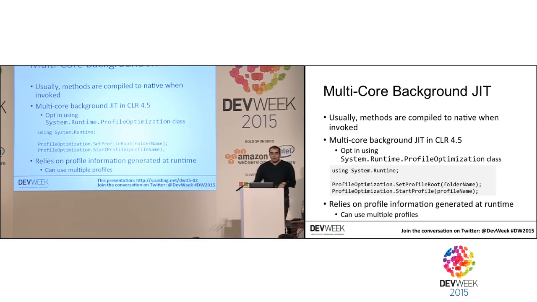Again, this is called multi-core background JIT. That's the marketing term. It's all in the System.Runtime.ProfileOptimization class. There's a couple of really simple methods that you call to instruct the CLR to use this optimization. So you can tell the CLR, I would like multi-core background JIT enabled. This is enabled by default in ASP.NET as of 4.5. So if you're doing web development, IIS, ASP.NET, you should be already making use of this.